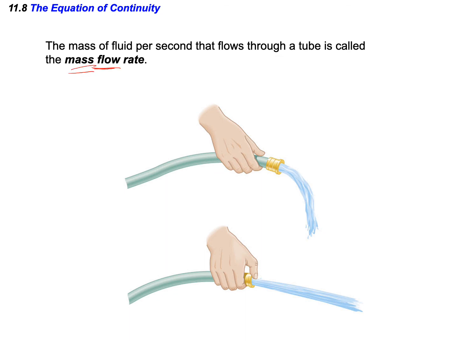Flow rate is the rate of change of flow as a function of time. If you use water flow, we can measure the mass of the water flowing in a certain period of time. Mass over time, we call it mass flow rate, the rate of change of mass over time.